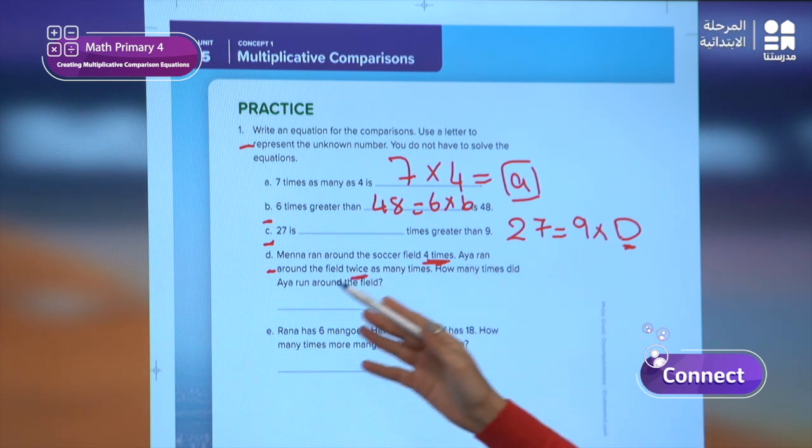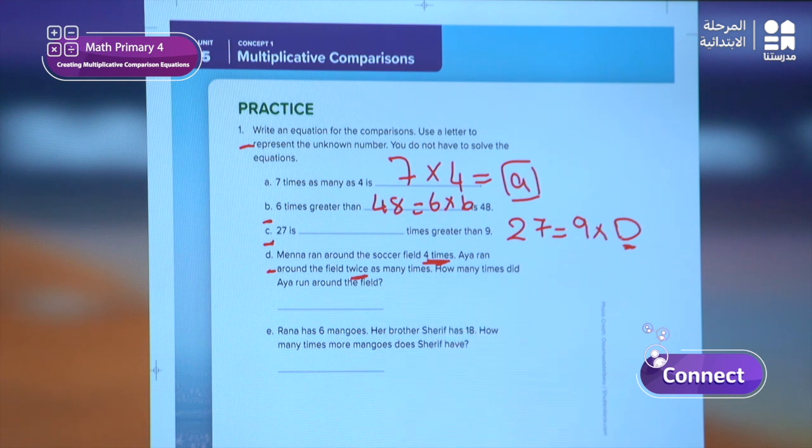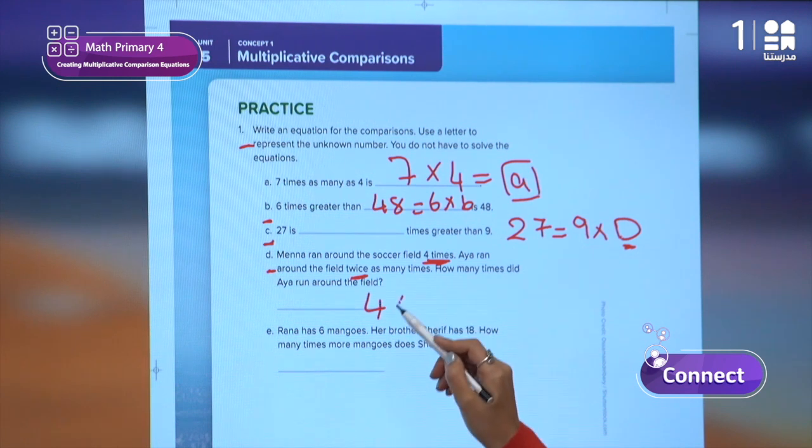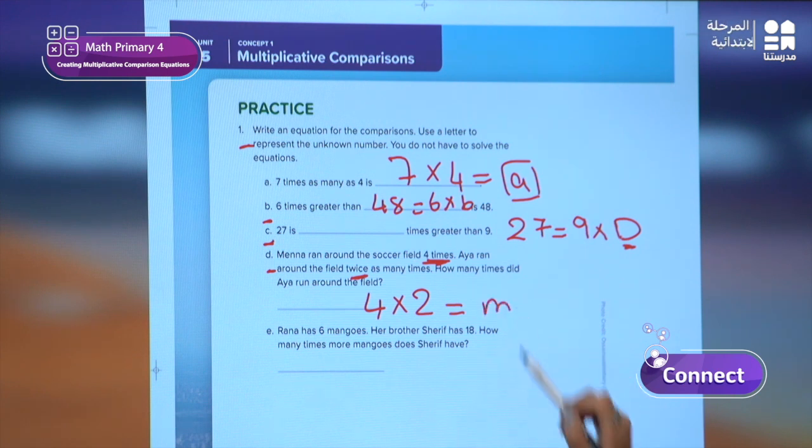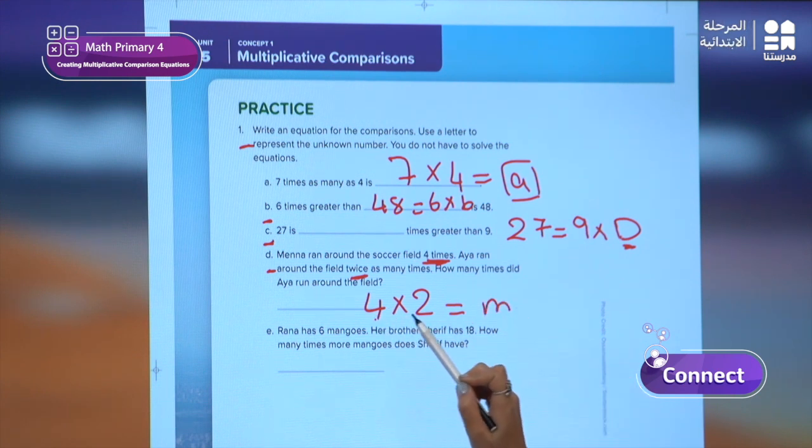How many times did Aya run around the field? Let's write our equation. It is like saying 4 times 2 equals what? The unknown number I will call the letter M. So this is my equation: 4 times 2 equals M.